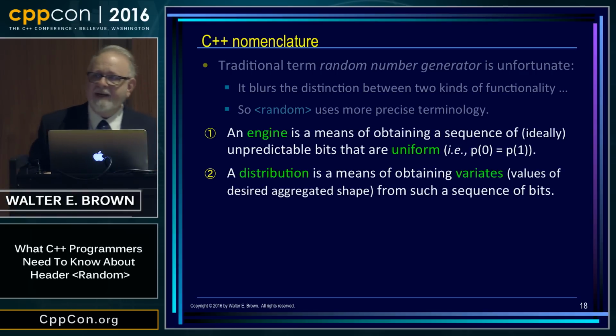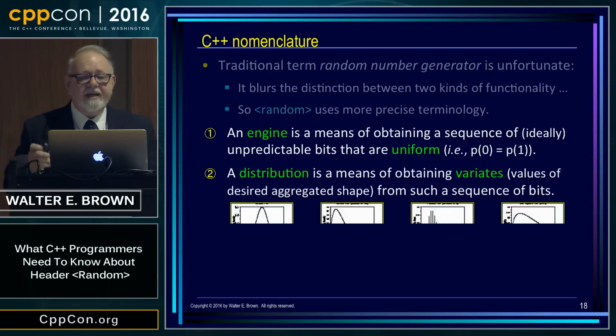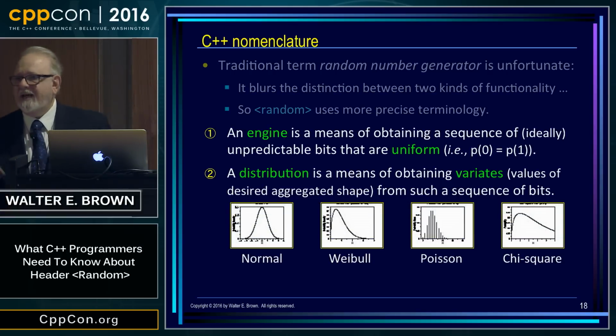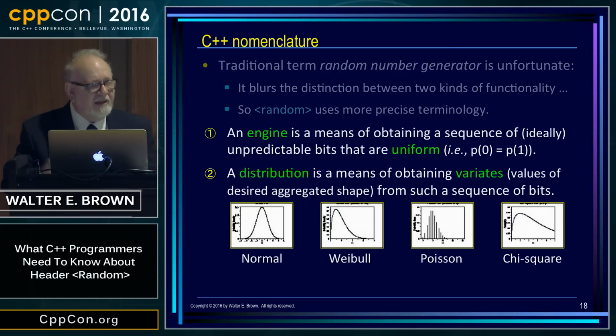We want variates for our applications such that if you aggregate them and you plot them, you get a particular shape. Well, what shape do you want? I can't answer that. You have to answer that for your application. Here are some possibilities. There are lots more. It's not important that you see what these are, but just a little bit of the possible variety of what I mean by aggregated shape.